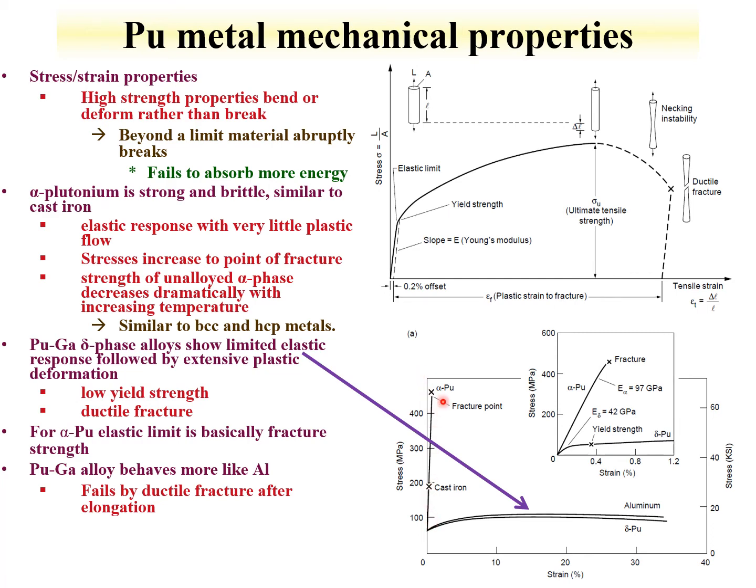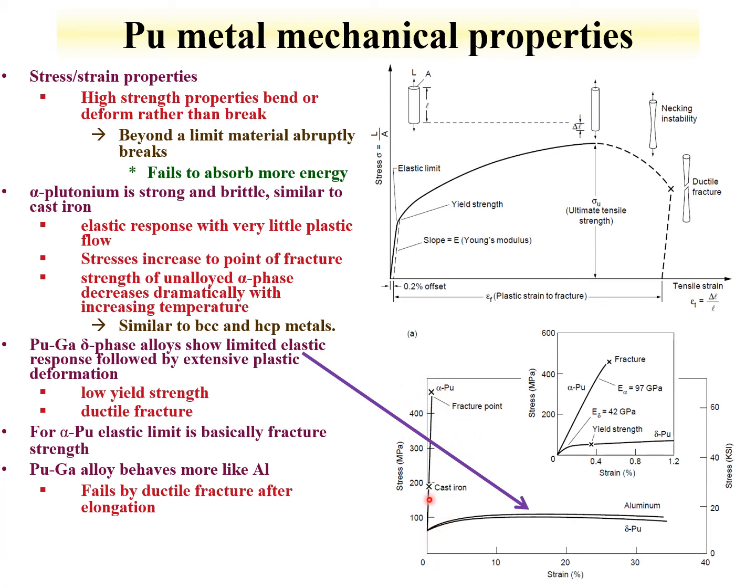Cast iron plutonium metal is shown here, where the delta phase shows this limited elastic response followed by plastic behavior, basically the same sort of behavior as aluminum. The delta phase has a low yield strength and ductile fracture. So the properties of these two phases are radically different.